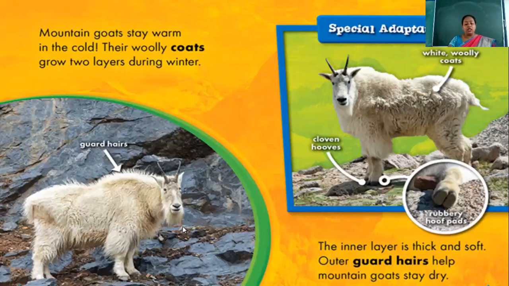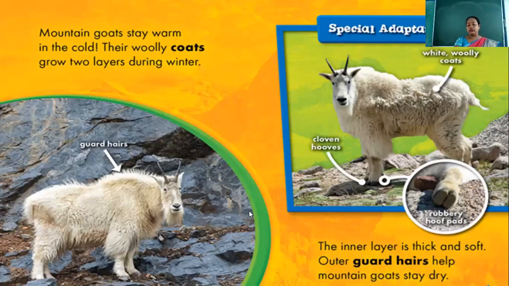Okay, so this white coat not only provides warmth to the body, but it also helps the mountain goats to hide from the predators, as this white fur helps the goat to blend with the snowy environment.